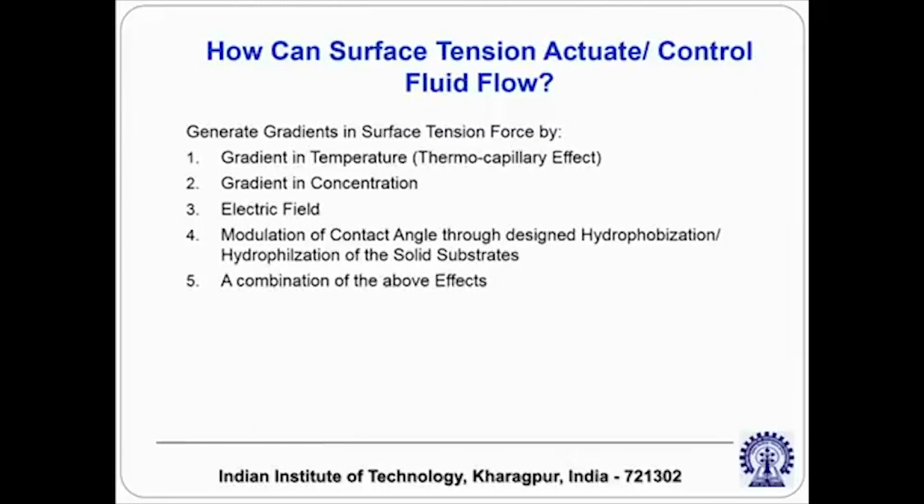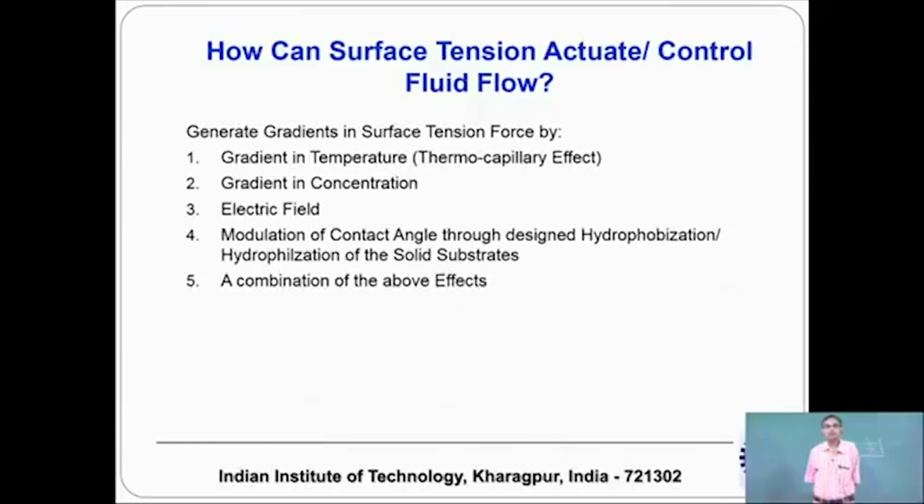So, the first point is, how can surface tension actuate and control fluid flow? One is, you can use surface tension as it is. The other is, you can generate gradients in surface tension by using gradients in temperature, gradients in concentration, electric field, or playing with the wettability of the surface, making a hydrophobic hydrophilic patch, and a combination of all these effects.